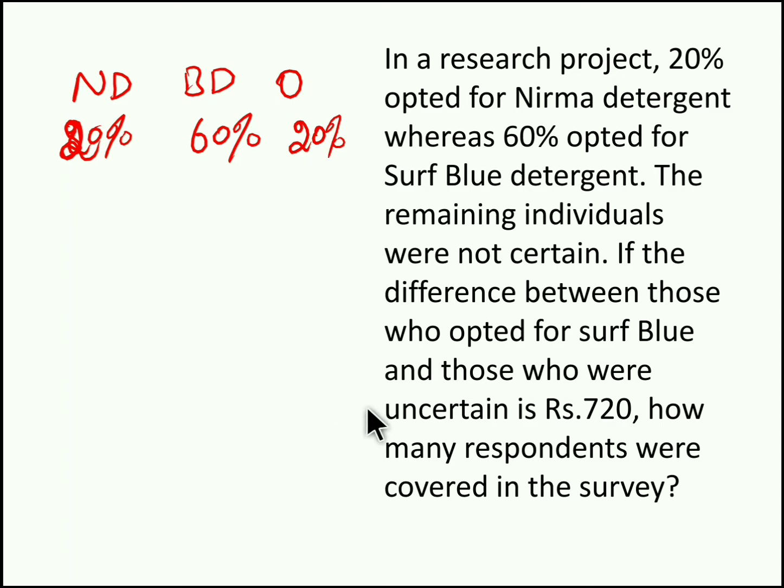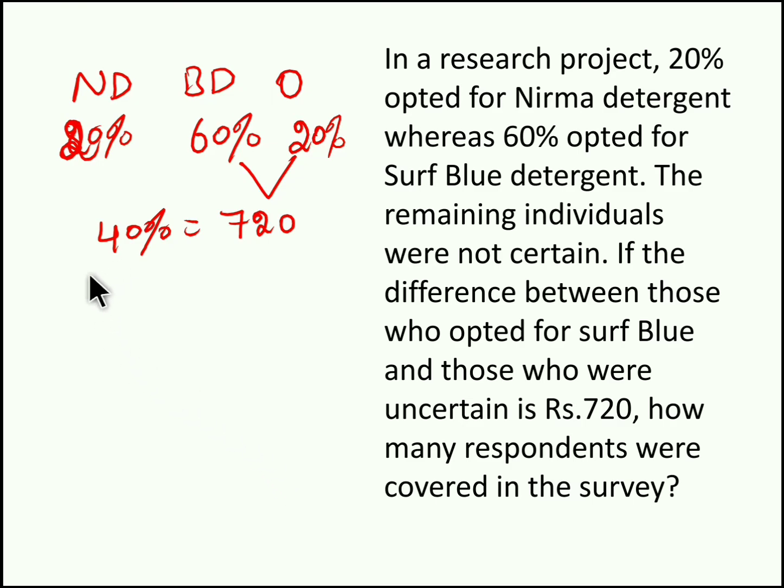In the question it is given the difference between the number of people who opted for blue detergent and uncertain is 720. So the 720 is nothing but how many percentage difference? 40%. So if 40% is 720, you have to find the total number of respondents who participated in the survey.